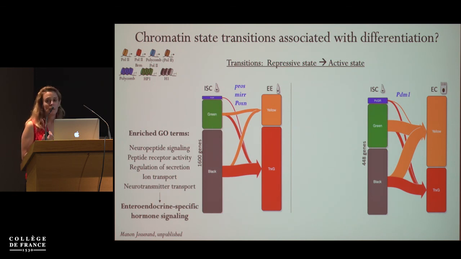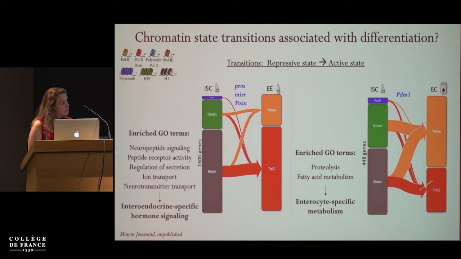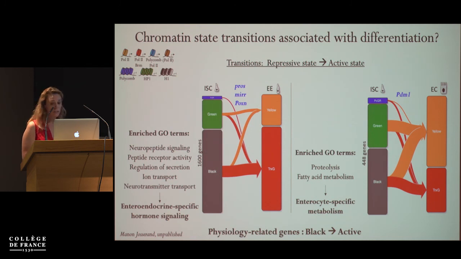So this is really the metabolic program of the enteroendocrine cells. And similarly, in the enterocyte lineage, those that are going from black to active have terms associated such as proteolysis and fatty acid metabolism, which is really the enterocyte-specific metabolic program. So we think that this transition from black to active is really important for these physiology-related genes, and it's something that we're quite interested in.